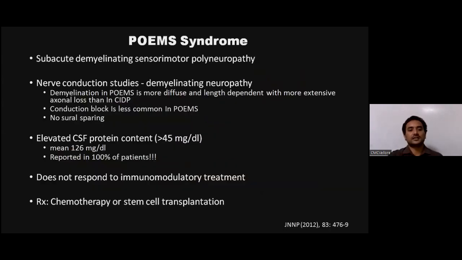As I discussed, the nerve conduction study shows demyelinating neuropathy, but in POEMS it is mostly length dependent with axonal changes, unlike CIDP. Conduction block and temporal dispersion are usually much less common in POEMS, there is no sural sparing, and elevated CSF protein is seen in everybody. It does not respond to immunomodulatory treatment usually, and the final treatment will be chemotherapy or stem cell based, with lenalidomide and dexamethasone.